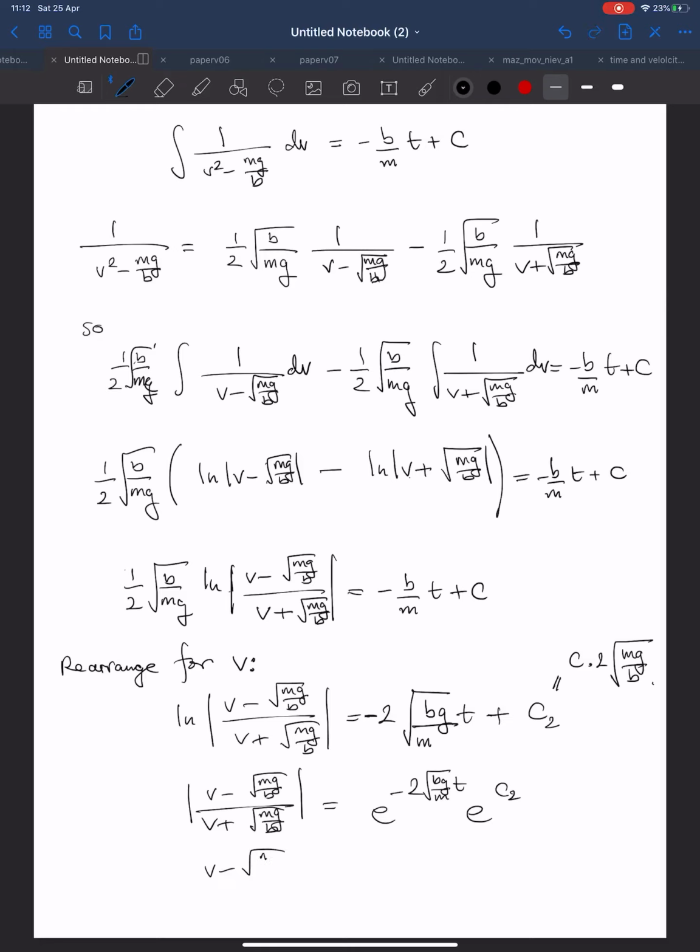So I have this, equals A0, constant A0, and then this exponent, where A0 is plus or minus e to the c2.